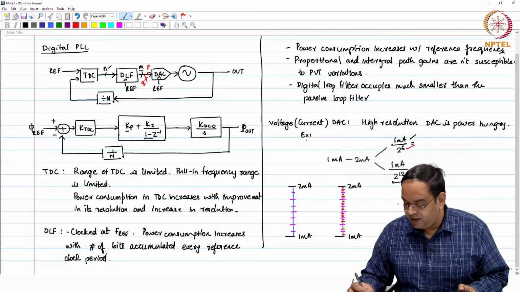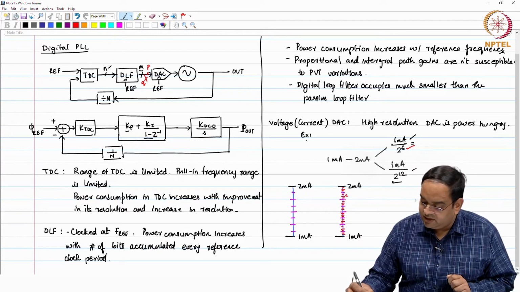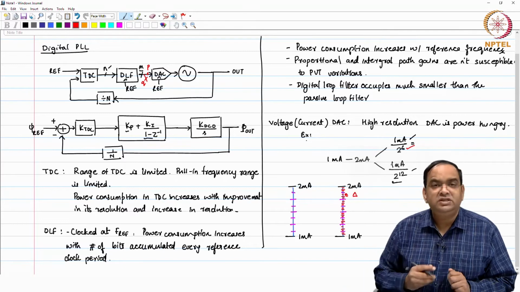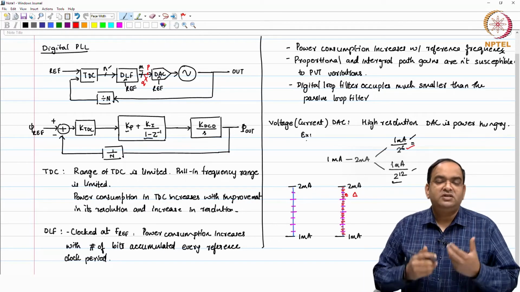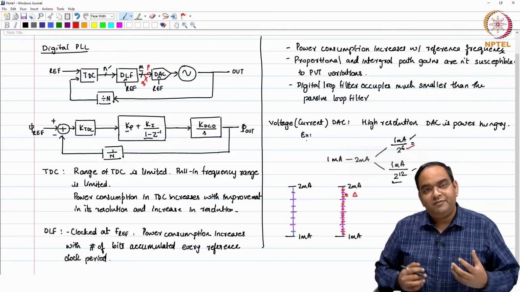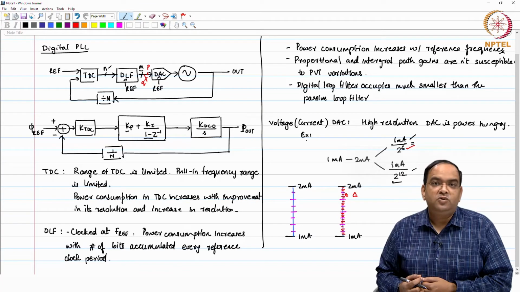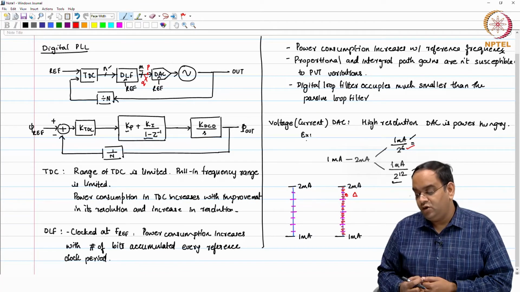When you have so many steps in between, the delta between each step is much smaller, which is a lesser quantization error when you convert the digital word from the loop filter to the control voltage or control current.